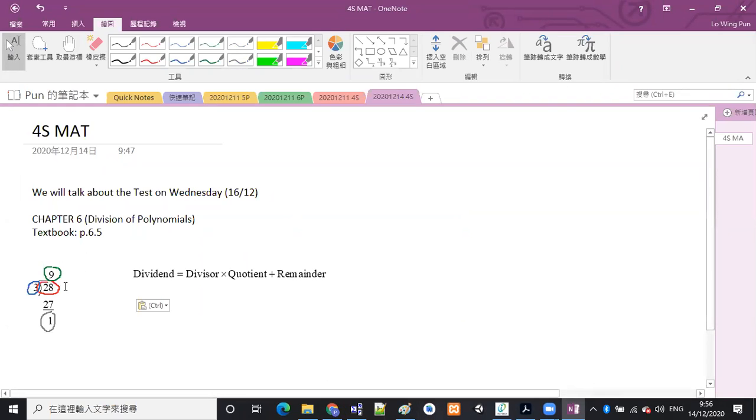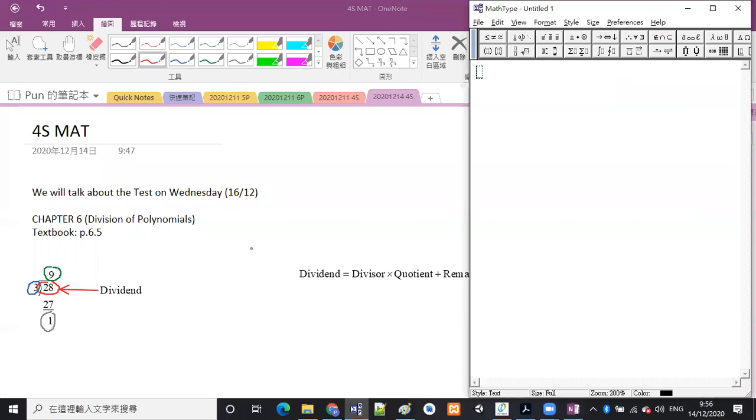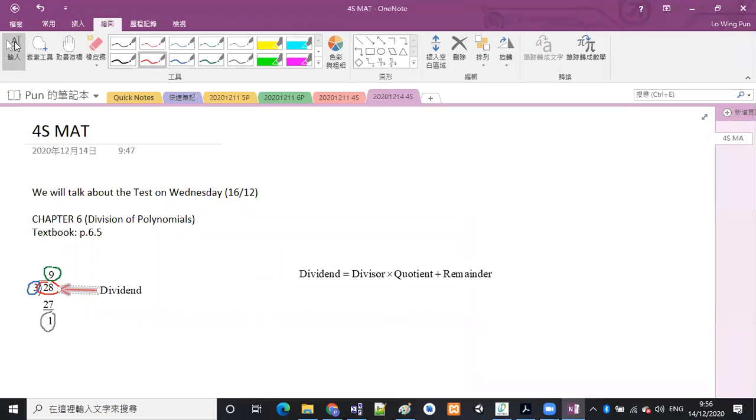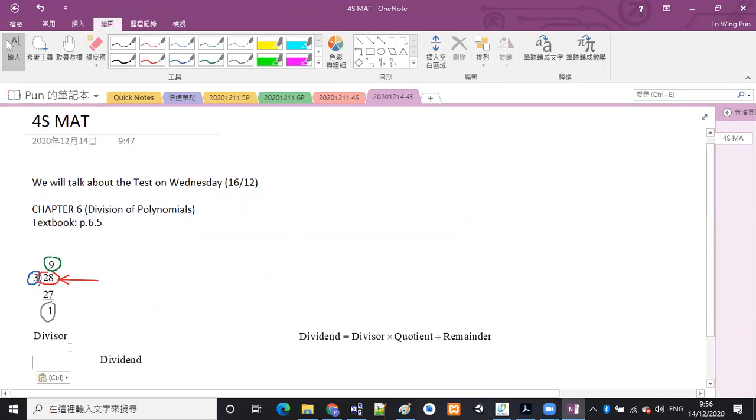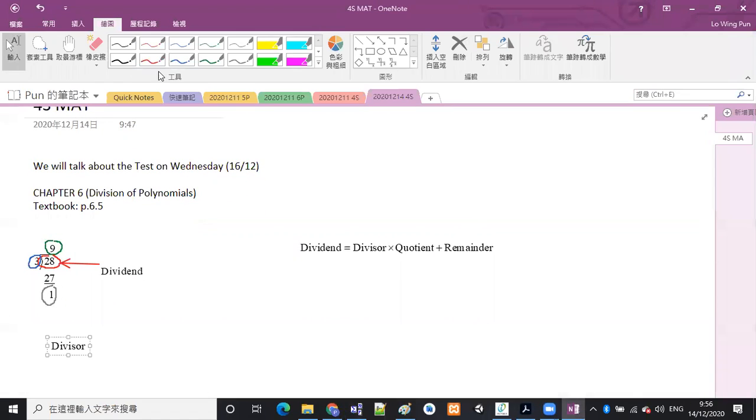Where the 28 is called the dividend. Dividend is the 28 here. 中文名係被除數, 被除數. And then we have a divisor. Divisor, 中文名係除數.